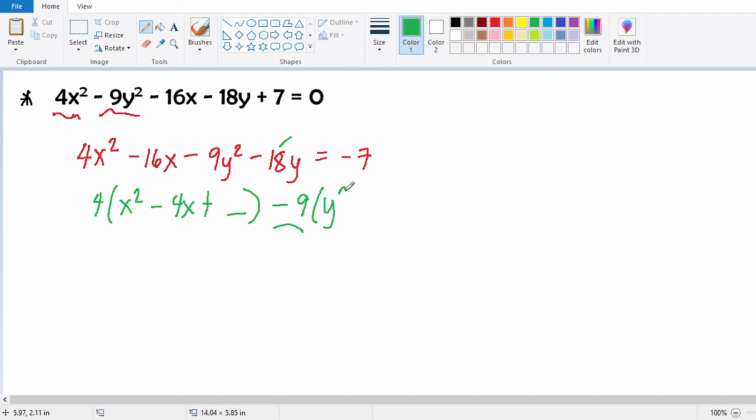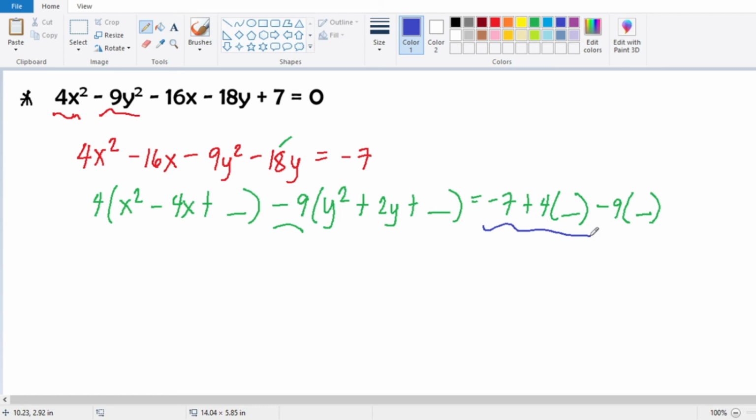Pero yung sa isa, 9, when you factor out negative 9, mag-change ng sign yung both. So you have y squared plus 2y plus a missing number is equal to negative 7 plus 4 times the missing number minus 9 times the missing number. So again, ang concern na natin is ito na sa may last part.